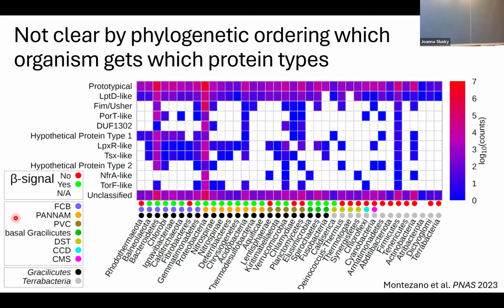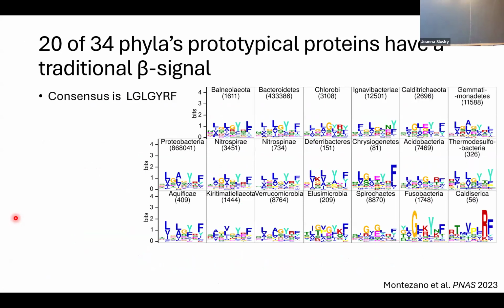But what you'll see is that for the prototypicals, and prototypicals are in all of these, you see this really common sequence motif, and for most of them, certainly all through the Gracilicutes as well as part of the Pseudomonadota, the answer is yes. So you can see those here.